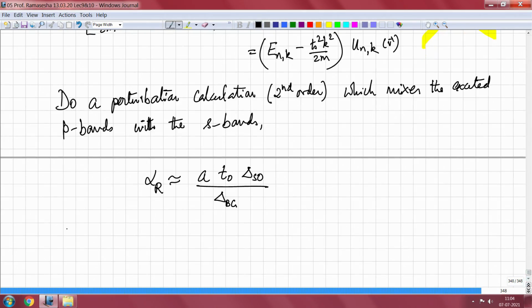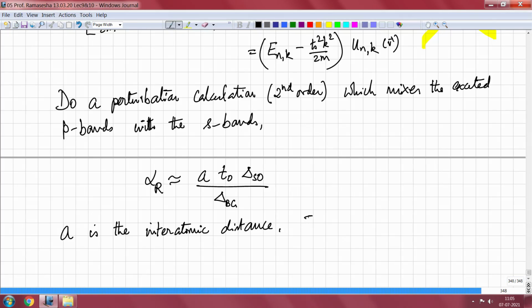So a is the interatomic distance, this comes about because you are trying to hop an electron from one site to the neighboring site, and the hopping is always such that you hop from an orbital to a neighboring orbital.